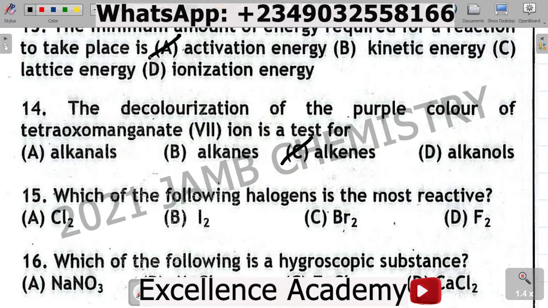All right, note that tetraoxomanganate 6 ion, which is KMnO4, also called permanganate, is decolorized by unsaturated double bonds because it oxidizes alkenes readily. And this is also used as a test for the permanganate. What happens is that when you combine this with alkenes, it will decolorize it. So the answer there is alkenes.